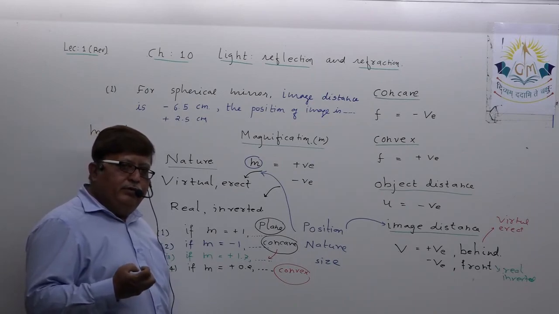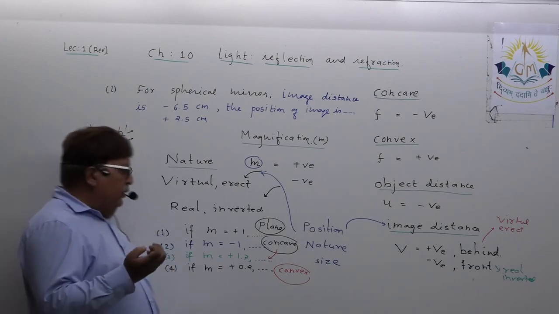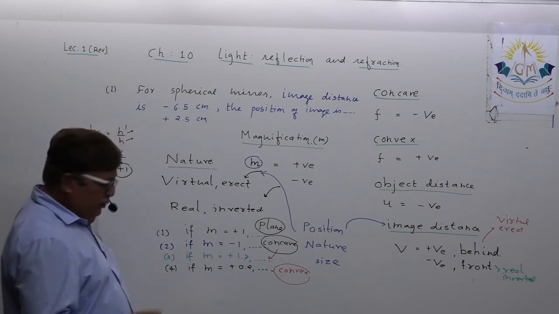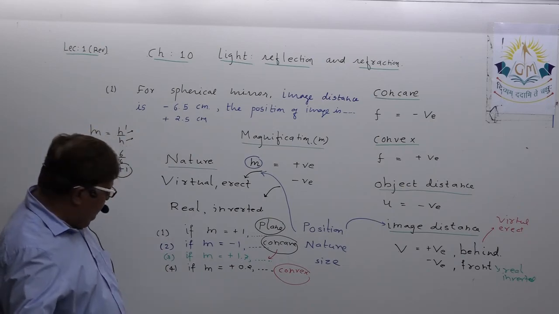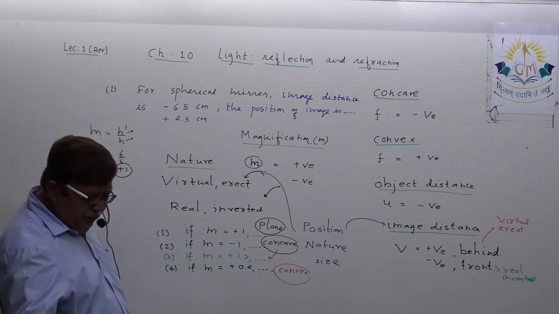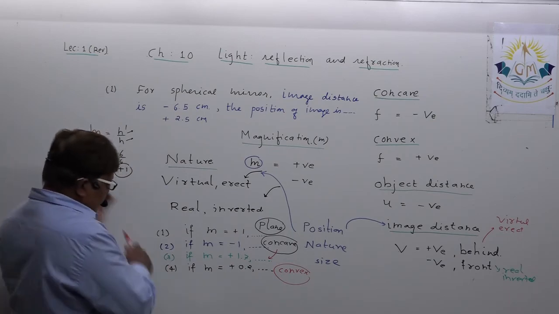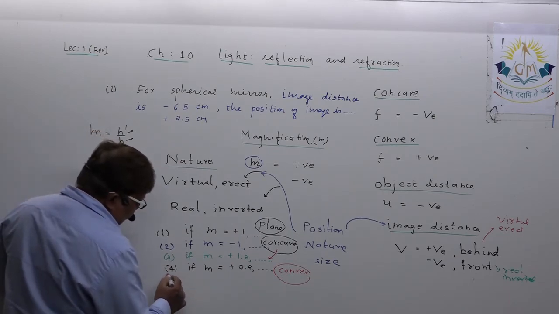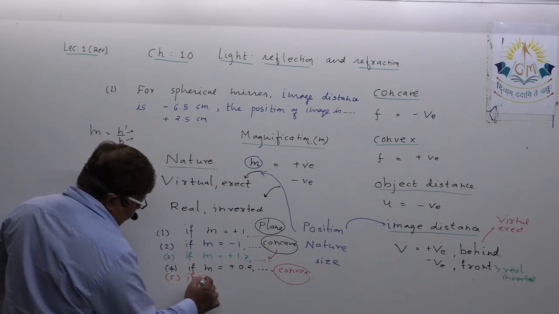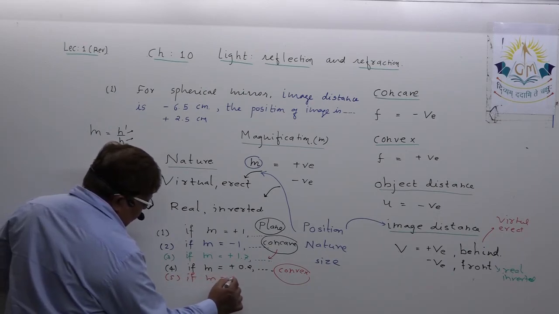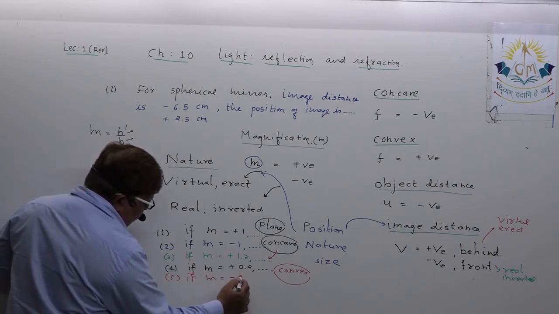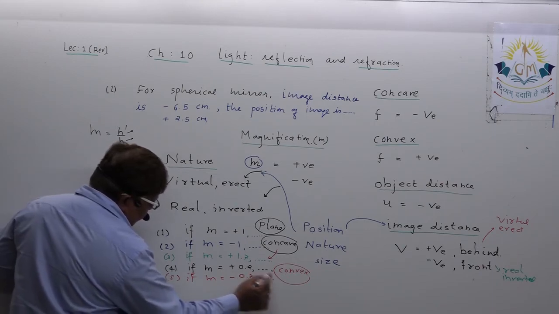MCQs can be generated. Suppose if I still mention one important, okay, suppose I write this way: if m equal to minus 0.7, can you guess?